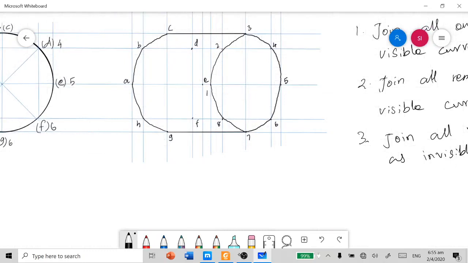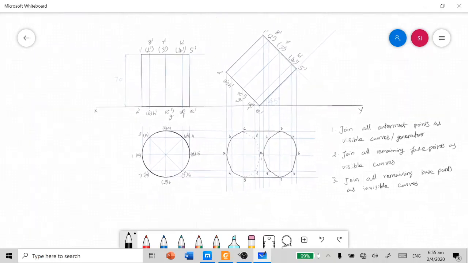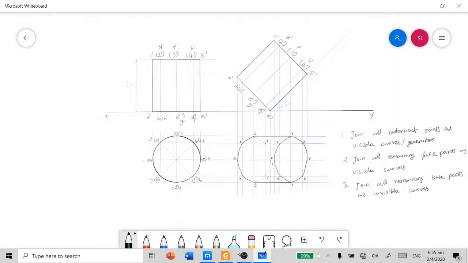The remaining base points are starting from C to D. They should be invisible, so I am using dashed lines for the curve in order to highlight the invisible portion. Now the work is over. You can try this with the proper tools in your A3 size paper. Thank you very much.